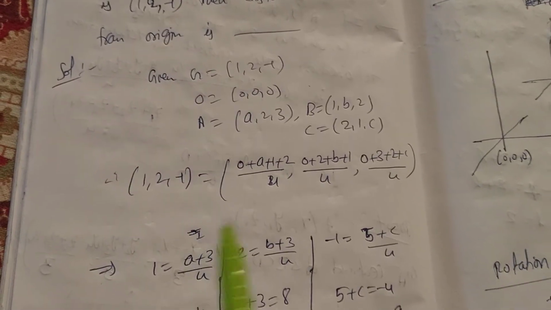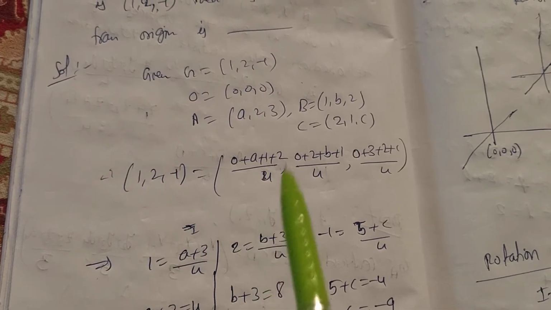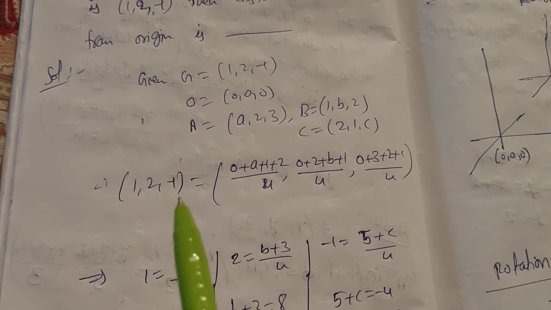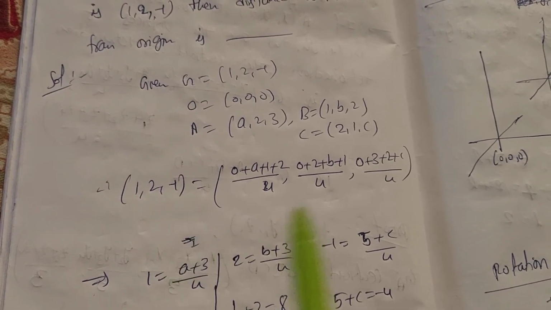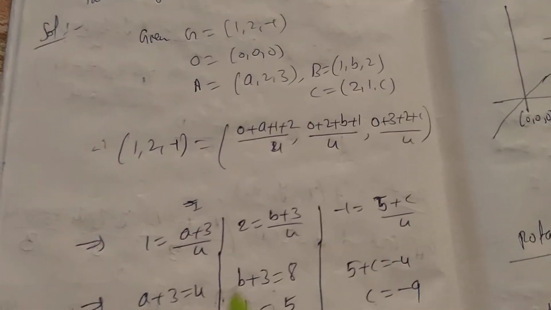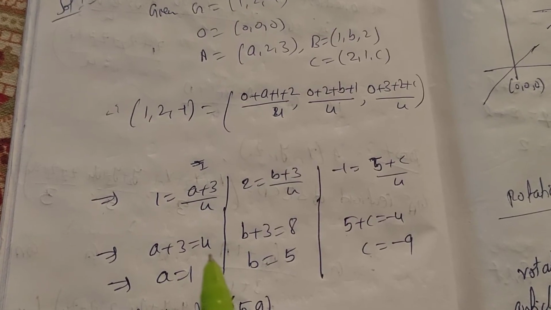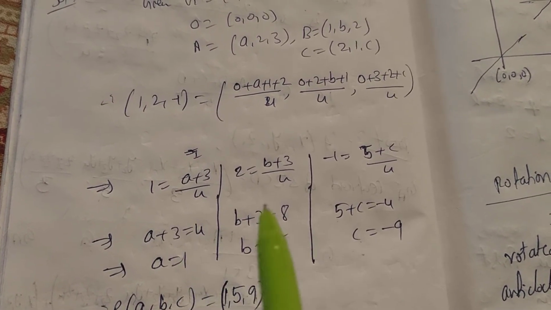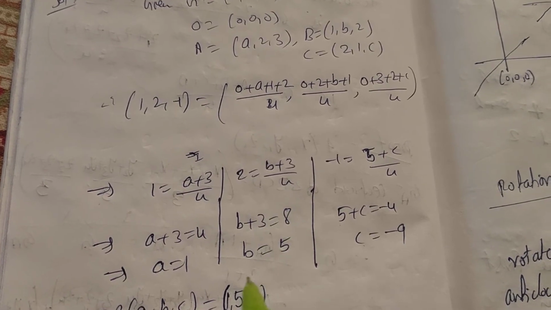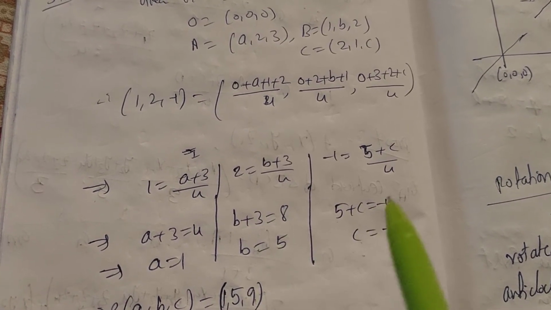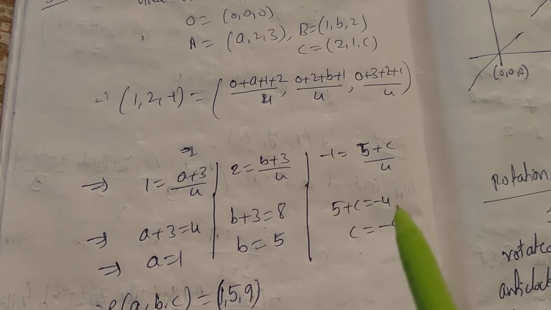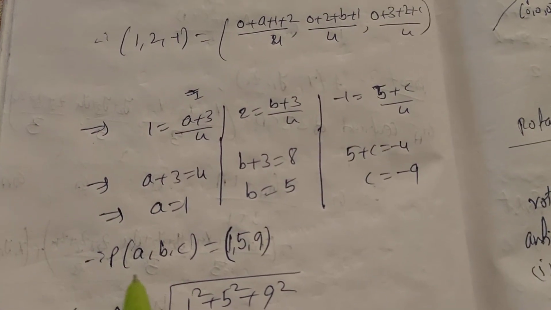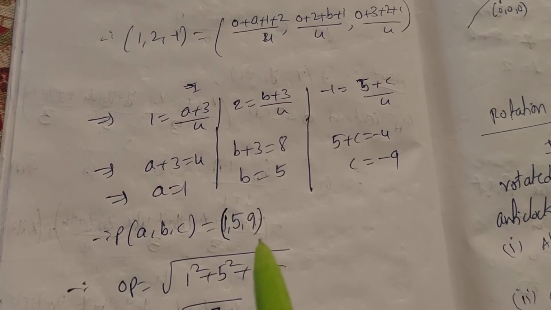If you equate corresponding coordinates, 1 is equal to A plus 3 by 4, 2 is equal to B plus 3 by 4, minus 1 is equal to 5 plus C by 4. So A plus 3 is equal to 4, A is equal to 4 minus 3, that is equal to 1. So B plus 3 is equal to 8, B is equal to 8 minus 3, that is equal to 5. So 5 plus C is equal to minus 4, C is equal to minus 4 minus 5, that is equal to minus 9. So therefore the point P is 1, 5, minus 9.